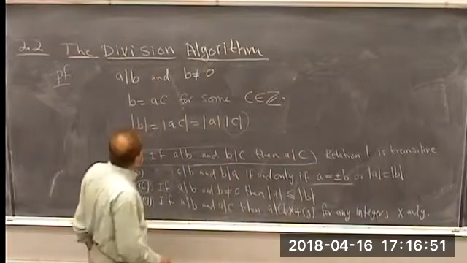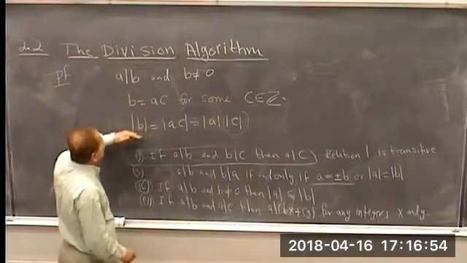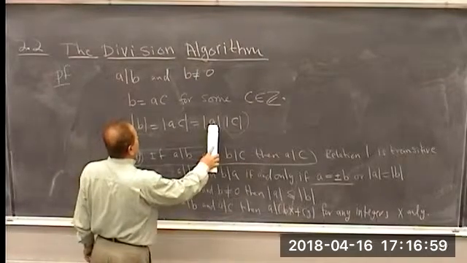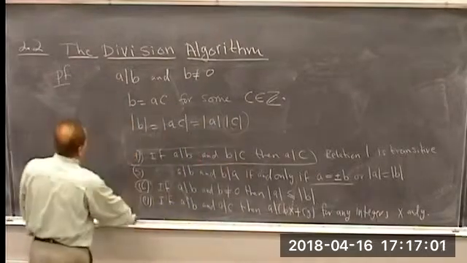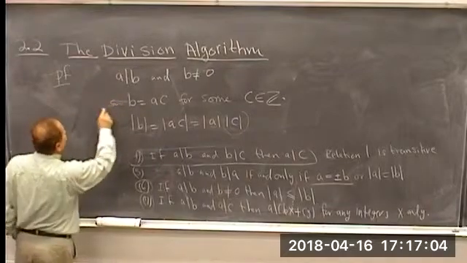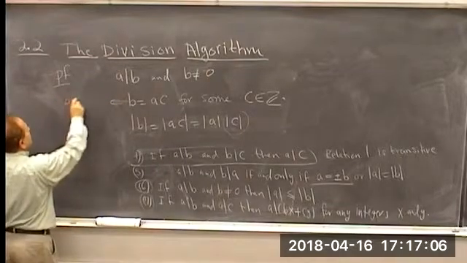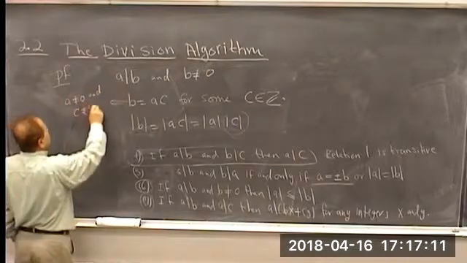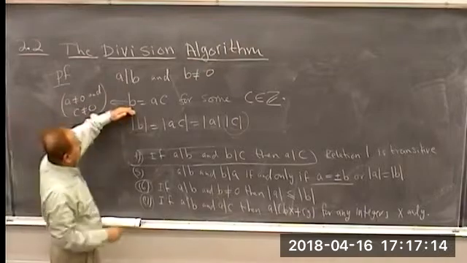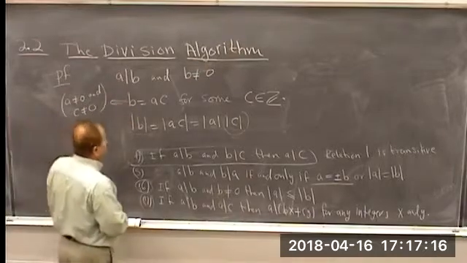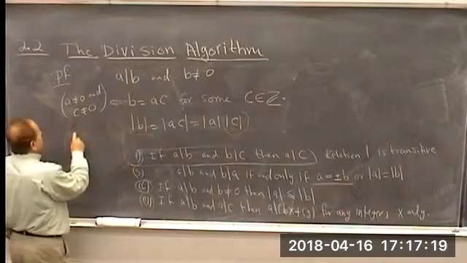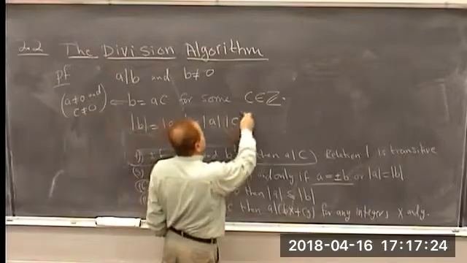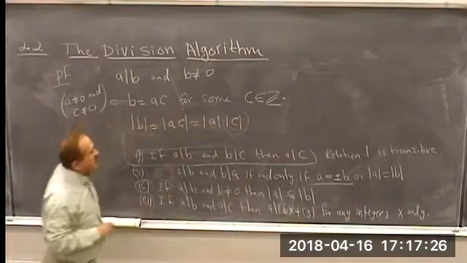Since B does not equal 0, from here we know that A does not equal 0 and C does not equal 0, because either one of these being zero is going to give me B equal to 0. So the absolute value of C is going to be bigger than or equal to 1.